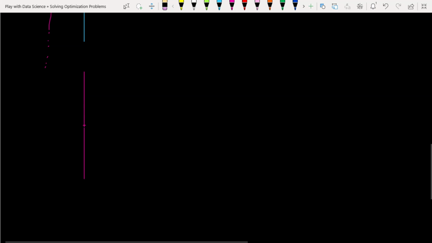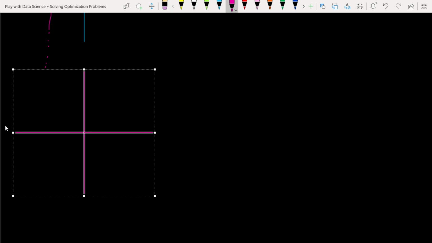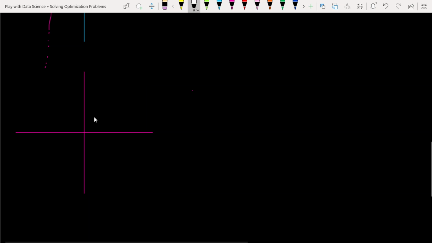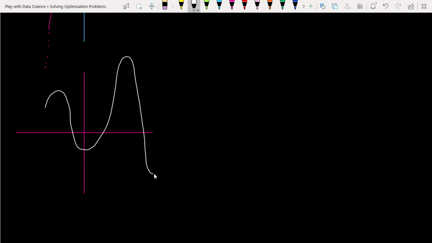Just plot this graph. Okay, I think it is okay. Now if we plot this kind of graph, here we already know that at the points of maxima and minima, our tangent will be parallel to the x-axis, meaning the tangent value will be 0.